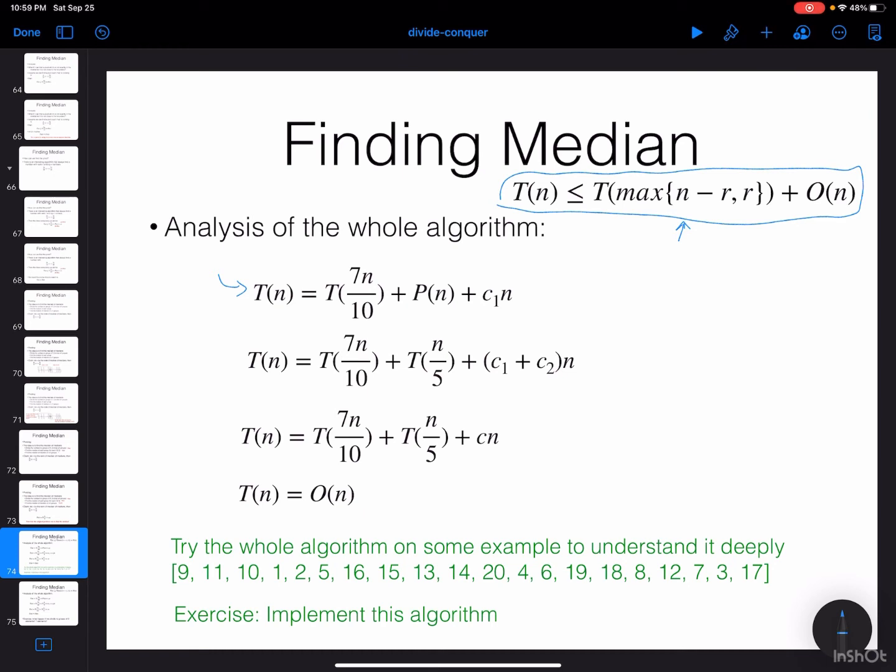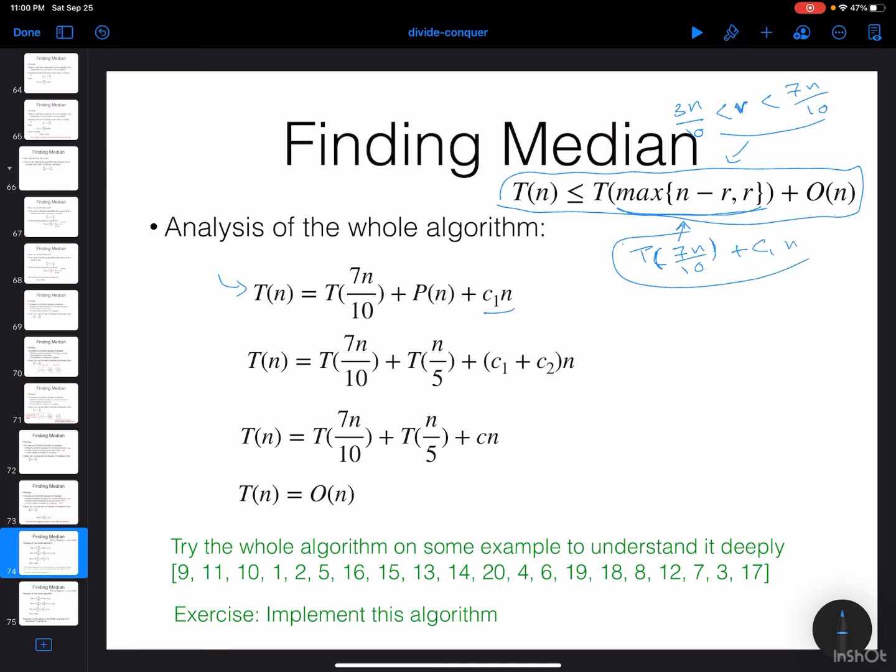Based on the rank, we can say that R, the pivot that we found, was supposed to be between 3n divided by 10 and 7n divided by 10. And based on this, I can say that this part is going to be T of 7n divided by 10, and instead of that O of n, I wrote C1n.